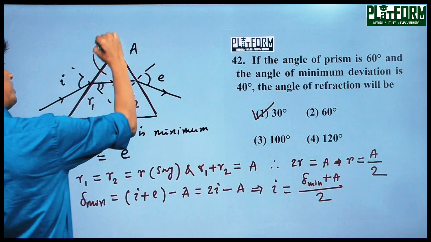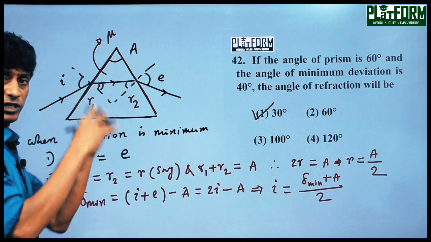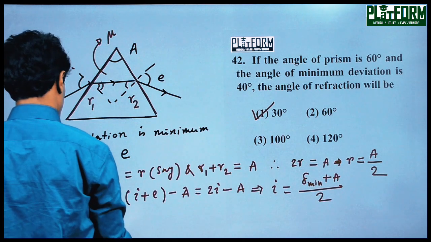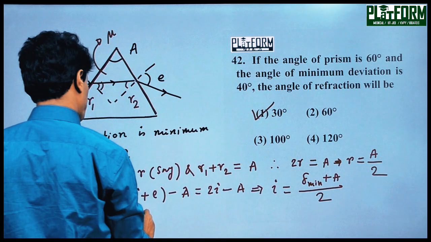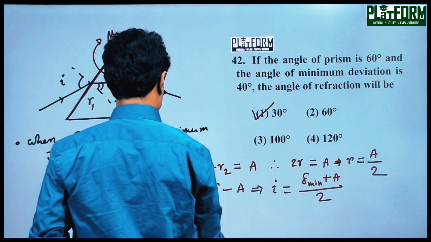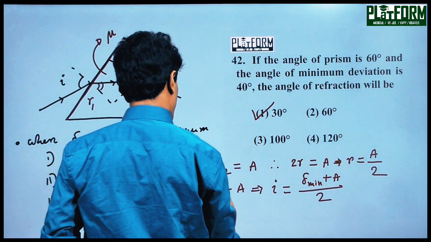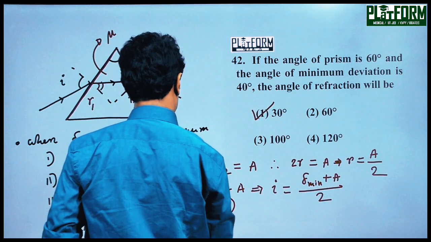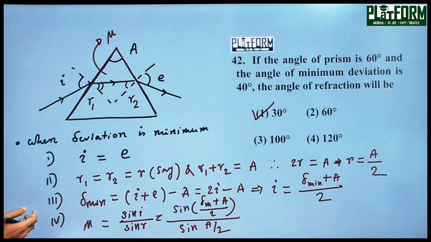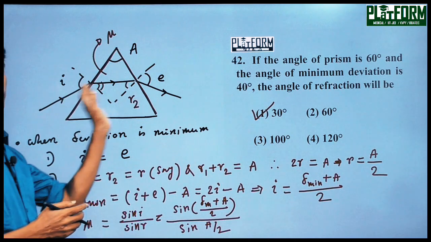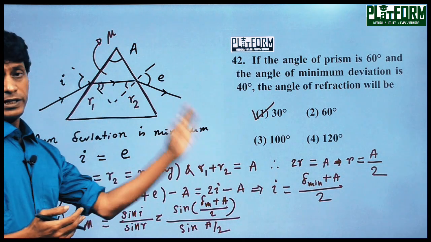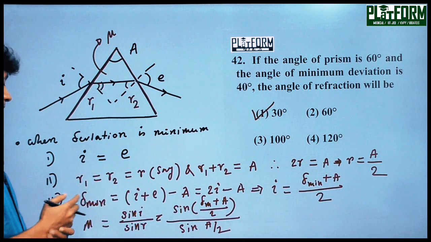And the refractive index of the prism with respect to surroundings, if I say it is mu, then mu is equal to sine I by sine R, and it is sine of (delta m plus A) by 2, divided by sine A by 2. So these are the basic information at the position of minimum deviation when light passes through the prism. It is a very simple and basic question.